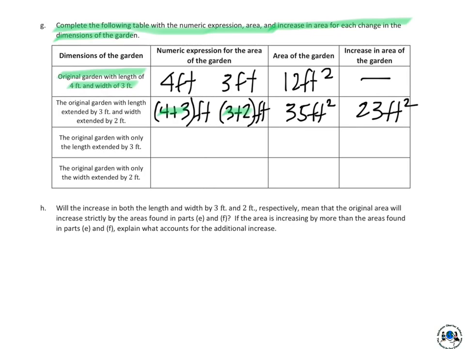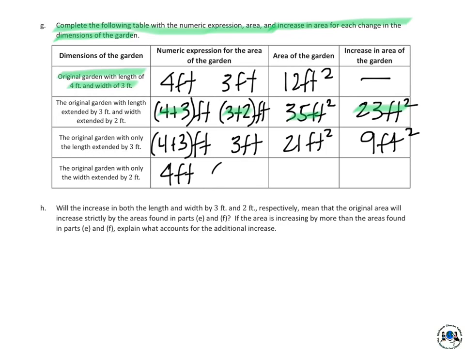You probably got the same thing here, because we had done that already, increased by 3 feet. If you didn't do it this way, I'd love for you to make that adjustment. And here's the final one, because you can see we are increasing only the length there, only the width there.